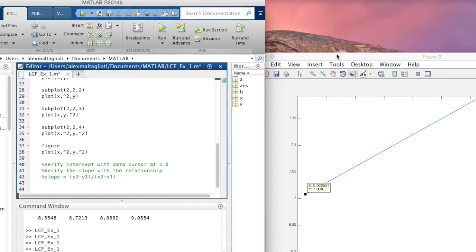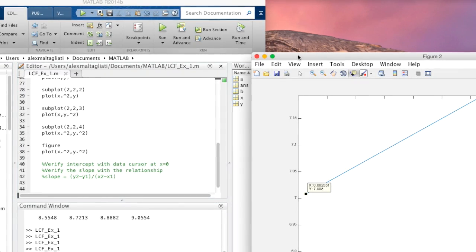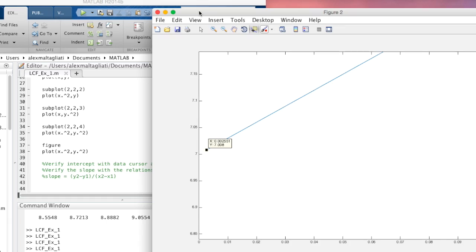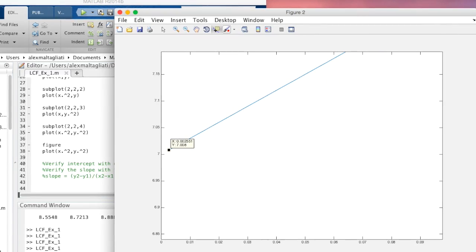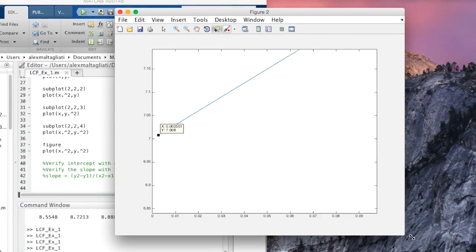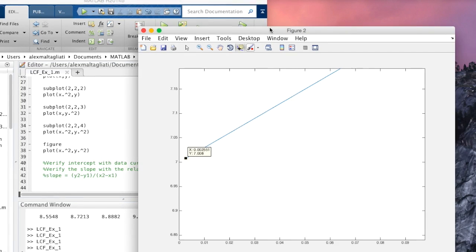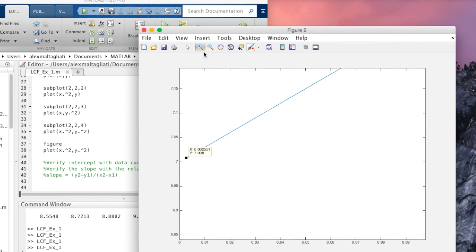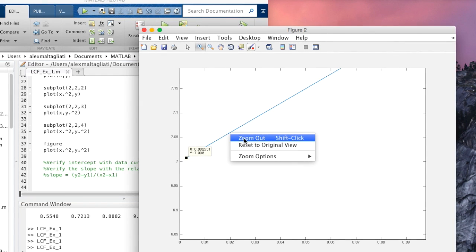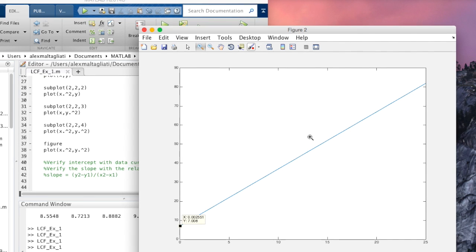Going to be selecting 2 points and finding the slope and seeing if that matches our assigned value, which it should. So you're going to want to take this plot. I'd recommend clicking on the magnifying glass, right clicking, and reset to the original view, and then that'll make it easier for the data cursor.